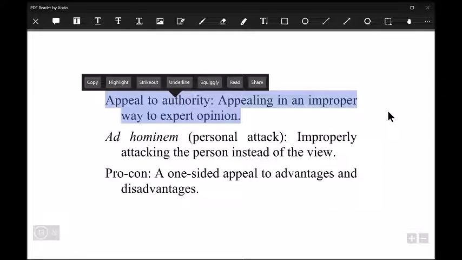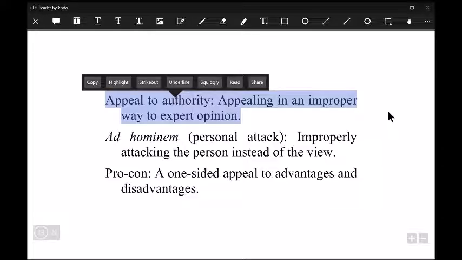Another way you can have a bad appeal to authority is if you appeal to someone who is not an authority on that issue. For example, if you appeal to what Gensler says about logic, well, I am an authority. If you appeal to what I say about fashion, no. So you've got to appeal to people that are genuine authorities on the issue and find a consensus of such people and conclude that they're probably right.